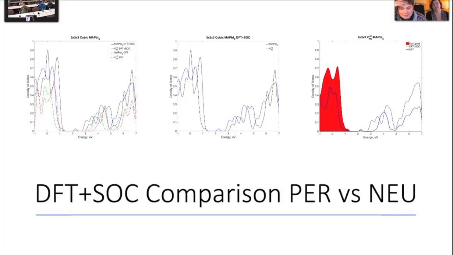With the spin orbit coupling added, and this goes back to your earlier question about whether the band edge is moving relative to the intrinsic versus the vacancy state, the intrinsic bands move in, and the vacancy state itself stays relatively in the same position. So you have a shrinking of the band gap.